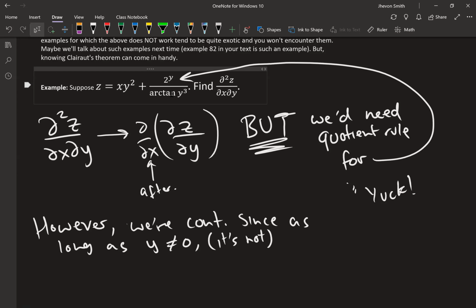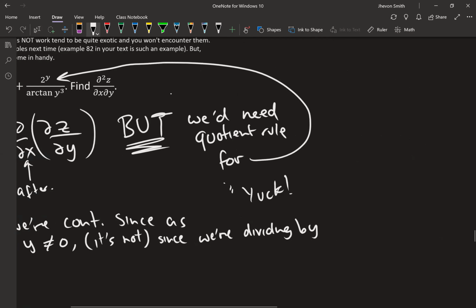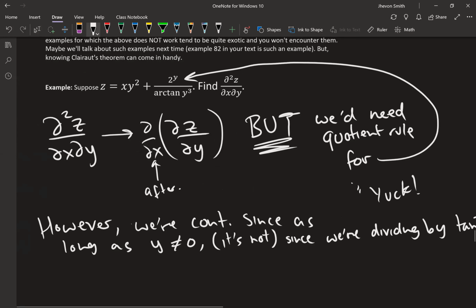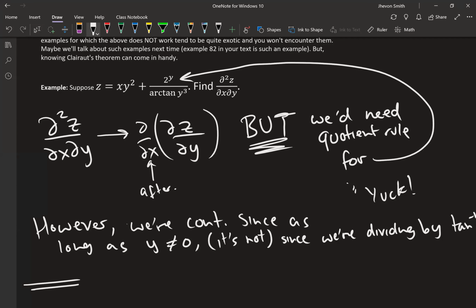Well, I'm dividing by arctan of y. Since we're dividing by arctan of y, it would be nonsensical if the y was 0. Well, y cubed, but it's the same thing. So we have continuity.